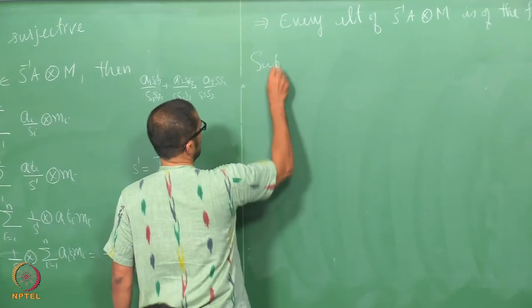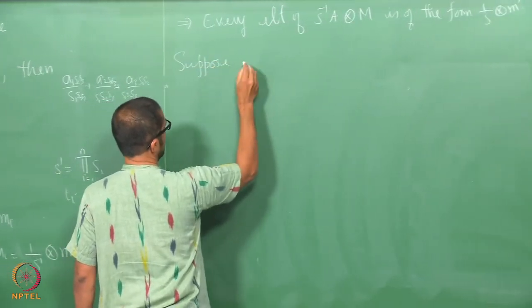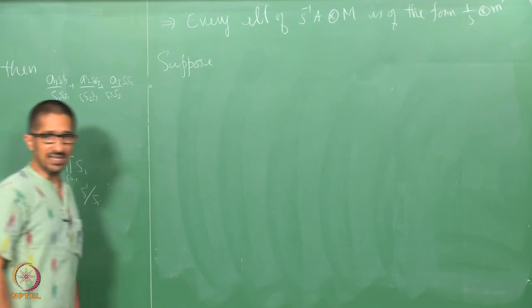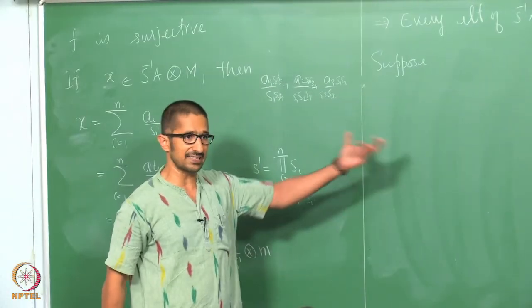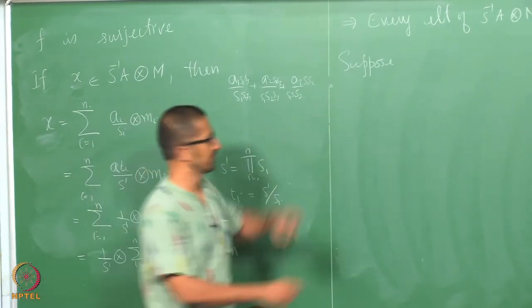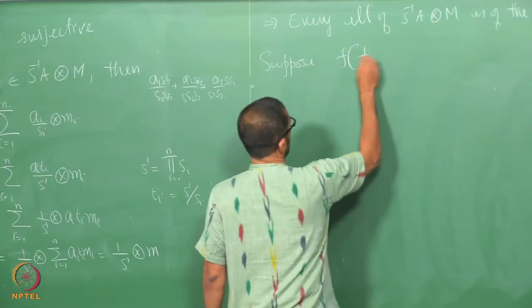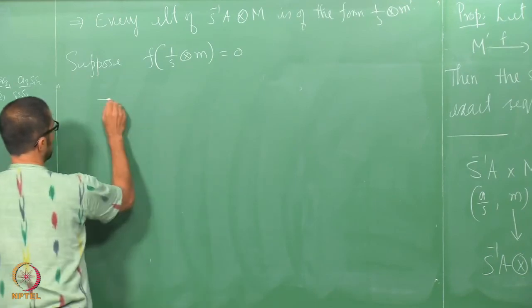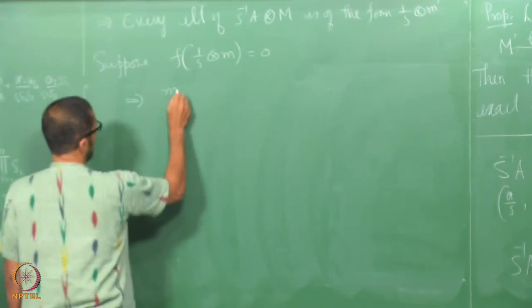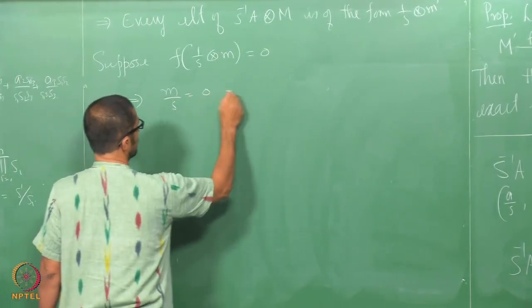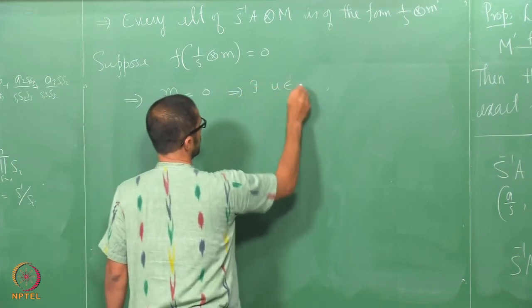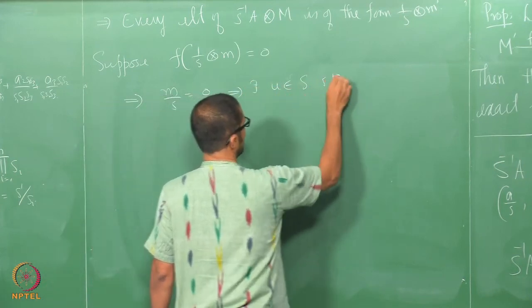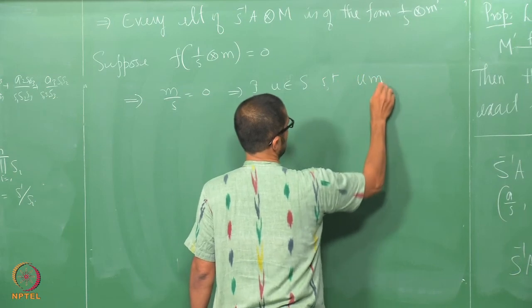Suppose an element is in the kernel, I can take that element to be of this form. Suppose f of 1 by S tensor M is 0, that implies that M by S is 0, that implies there exists U in S such that UM is 0.